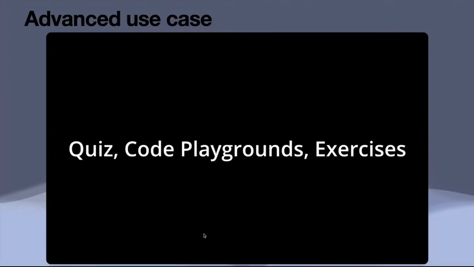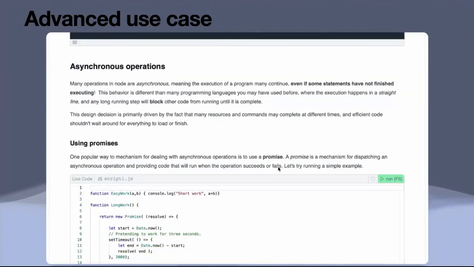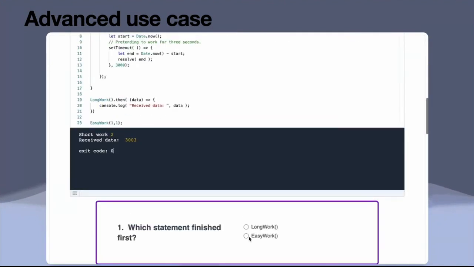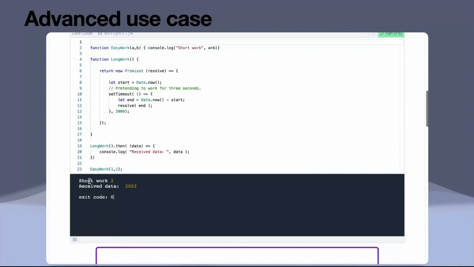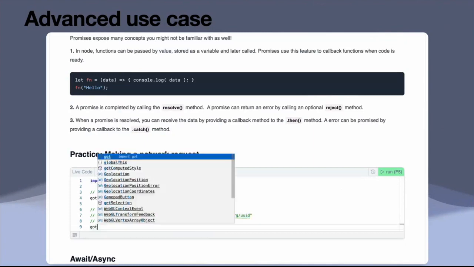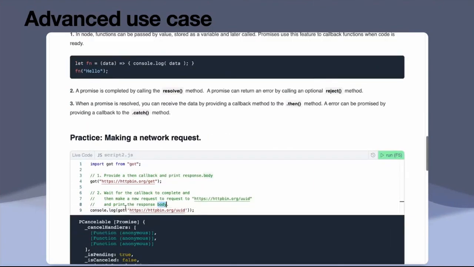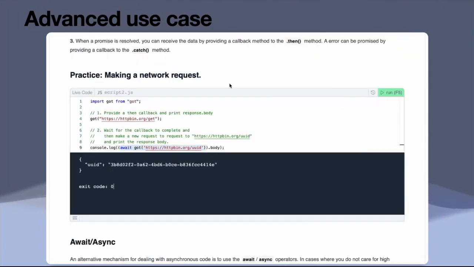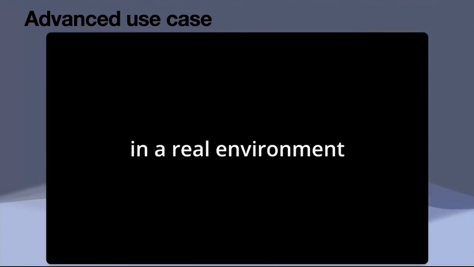But Docable also supports other things. For example, it supports including quizzes, which depending on different pedagogy strategies you want to use, you can make it based on some execution. And you can also provide practice problems, and the students are able to run it as many times as they need until they get the expected result.